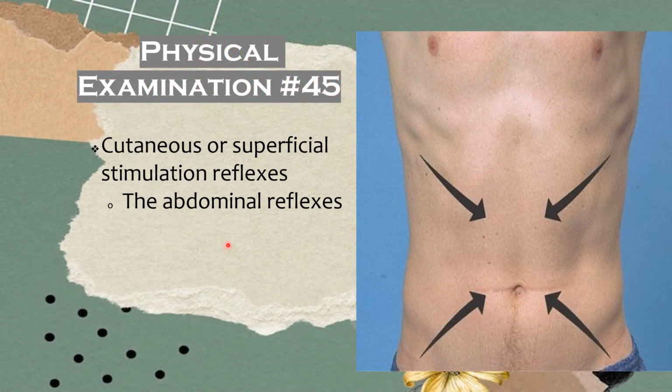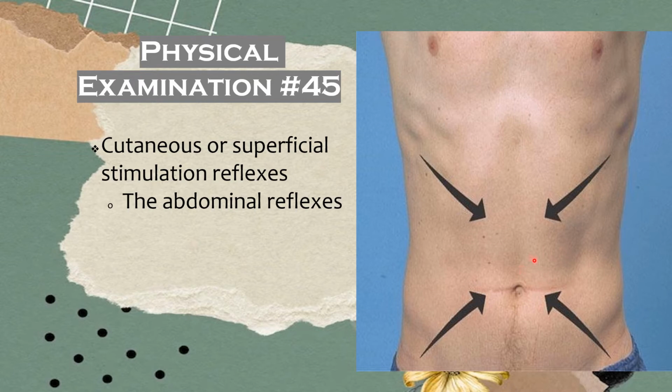Okay, so another test is cutaneous or superficial stimulation reflexes. So test the abdominal reflexes by lightly but briskly stroking each side, as you can see in this picture, above T8, T9, and T10, and below T10, T11, and T12, or at the umbilicus, in the directions as illustrated in this image.